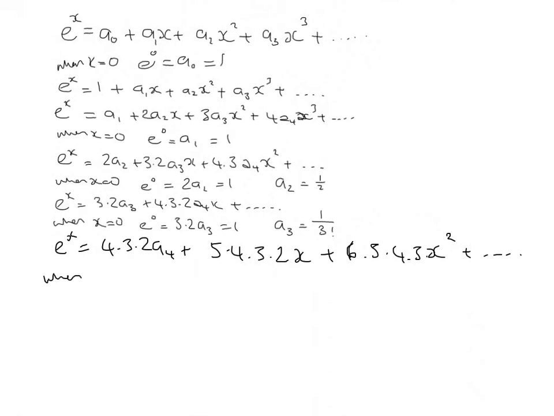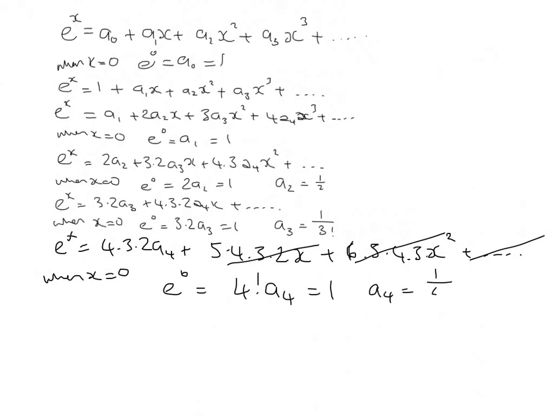Then you can put in x is 0, and all these terms cancel because they've all got x in, and you get 4 times 3 times 2, which is 4 factorial a4, and that is equal to 1, so a4 is 1 over 4 factorial.